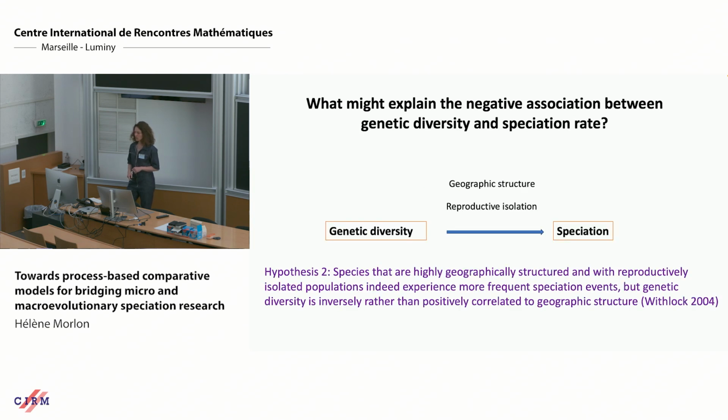Another hypothesis is that the relationship between geographic structure and reproductive isolation and genetic diversity is not a positive relationship, but a negative one.